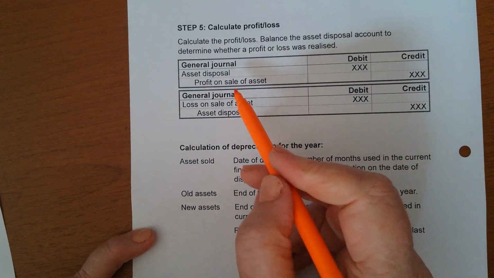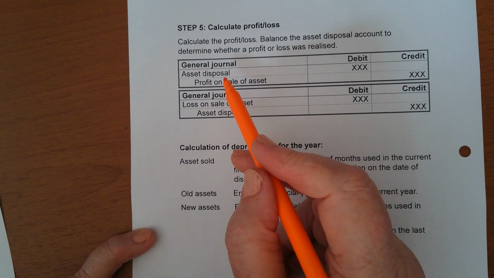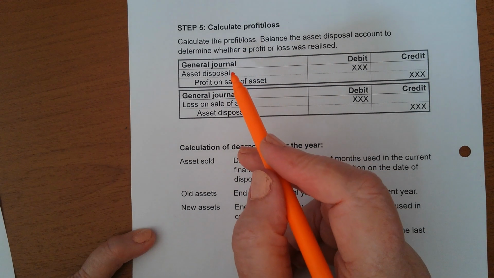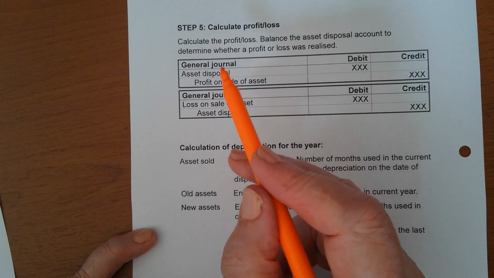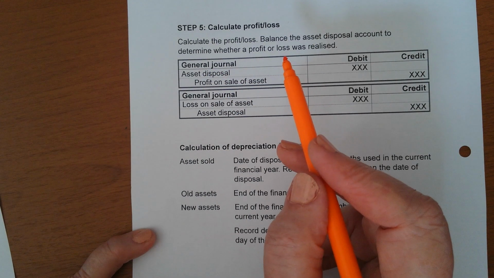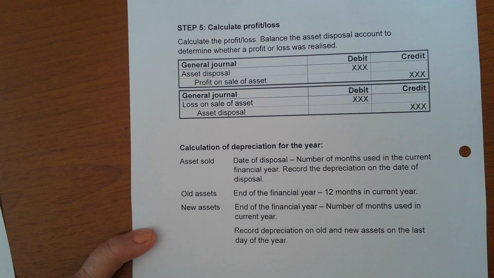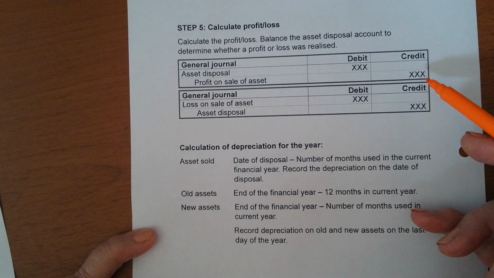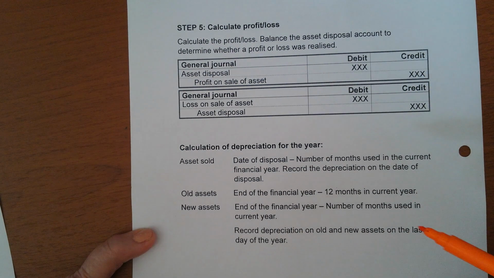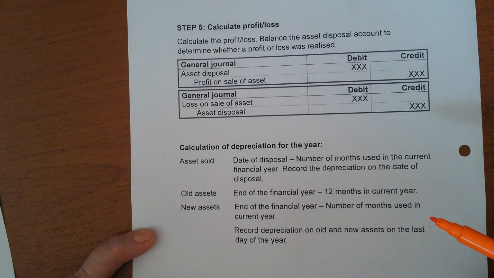If I take the cost price less the accumulated depreciation, I get the carrying amount. So that's what it's worth. If I sell it at a higher price, I will make a profit. If I sell it at a lower price, I will make a loss. And that's my 5 steps.